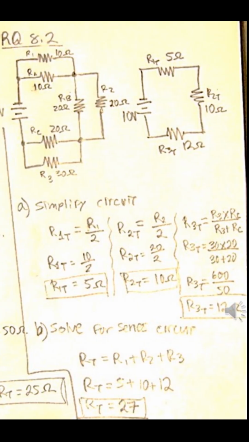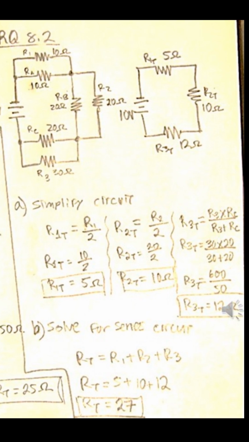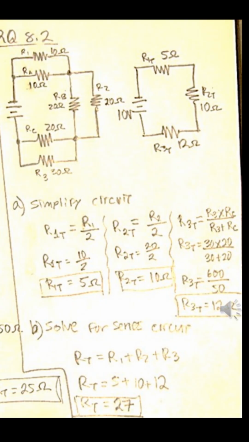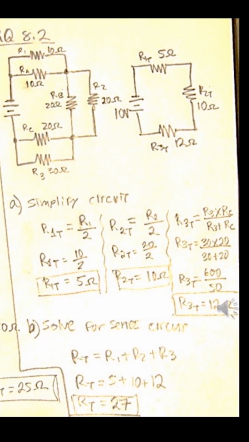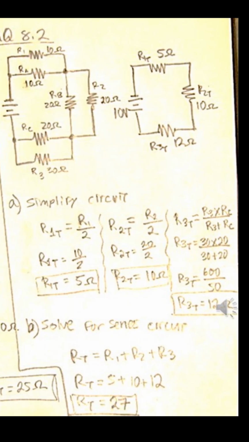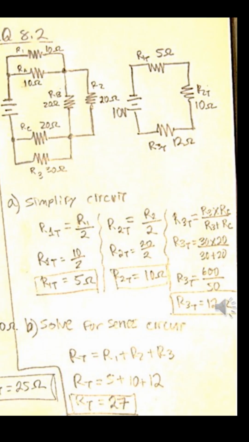To simplify the circuit, we find the resistance R1 total. I'm going to name that for the resistance at the top of the complex circuit. So that equals R1 divided by 2, because we have two resistors that are the same value, so we can use that division formula.